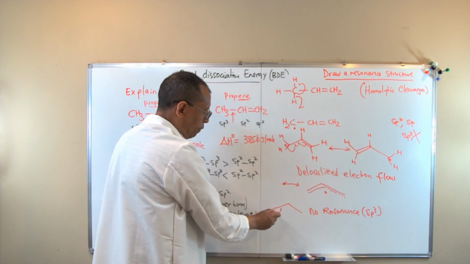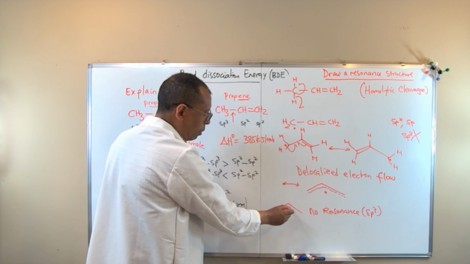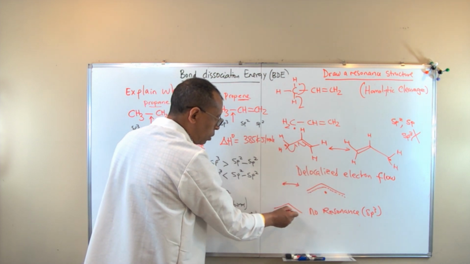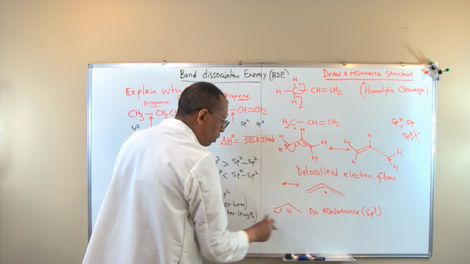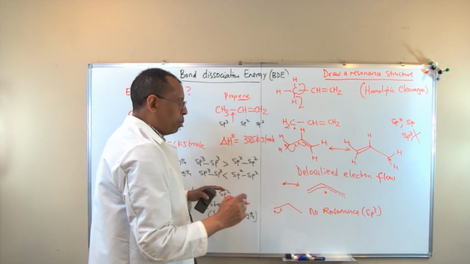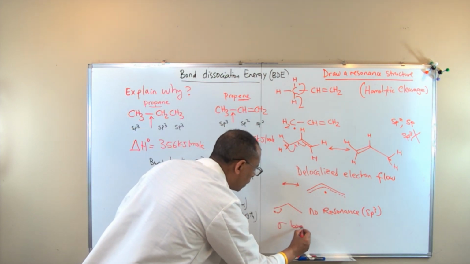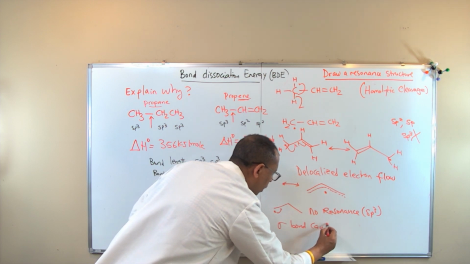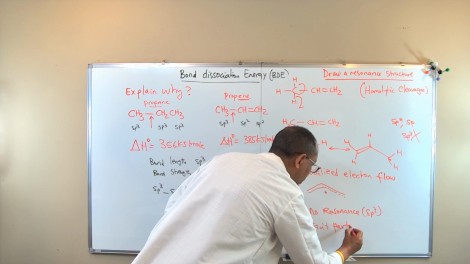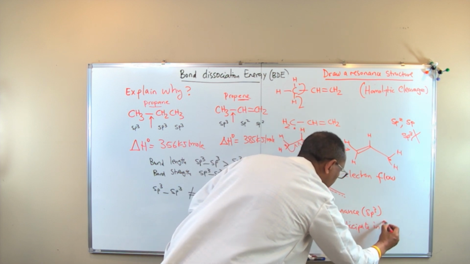Because if you just push that electron to this, you don't have any other pi system to push the electron. The sigma bond, if you want to push this, you are breaking the bond. So it doesn't participate. A sigma bond cannot participate in resonance.